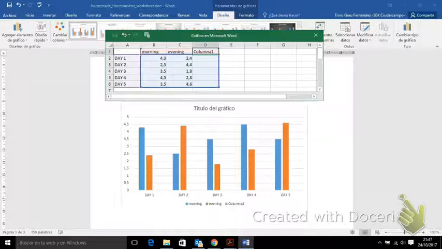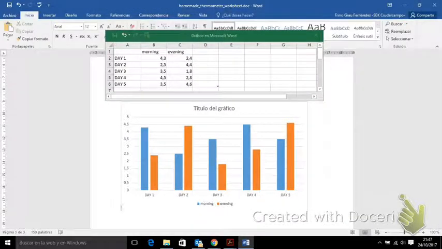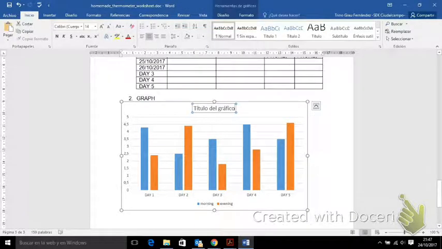This one doesn't apply, so I'm going to delete it. Okay, and then you need to insert the title of the graph, which will be temperature taken with the thermometer.